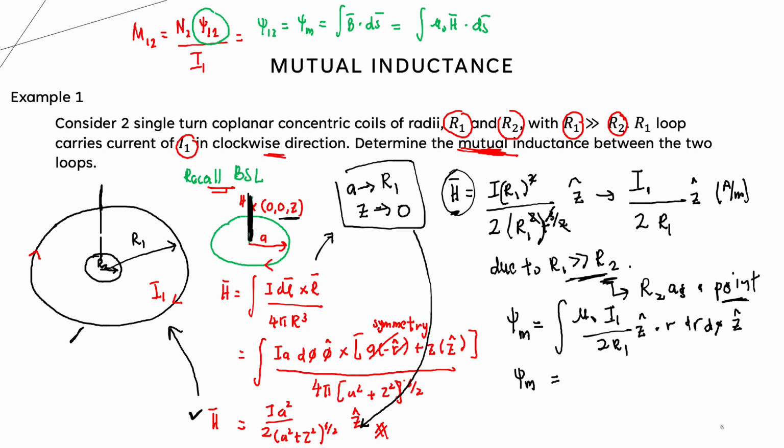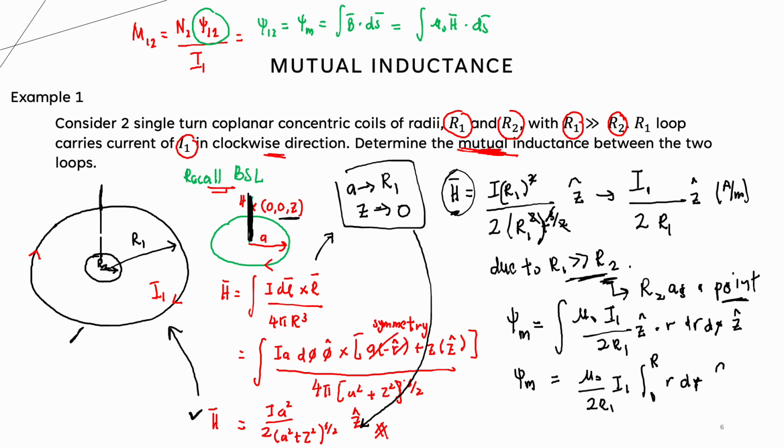We get mu naught, I1 over 2R1, Z, and r from 0 until R. So is the radius R1 or R2?